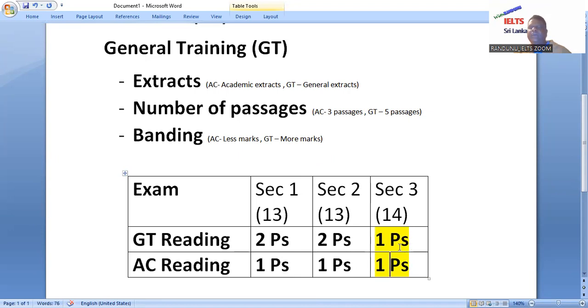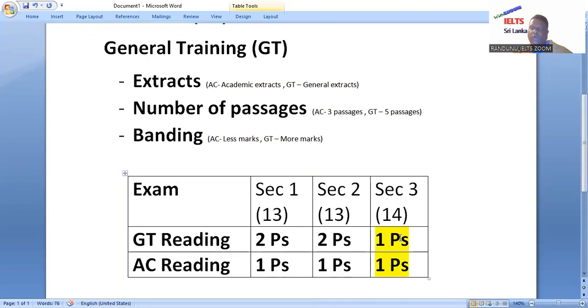That means section 3 is academic reading for both of you. For academic students, all sections are academic, but for general students, two sections are general and the last section is academic. That means an academic article is used even in general training.